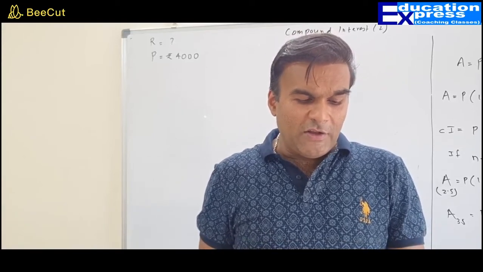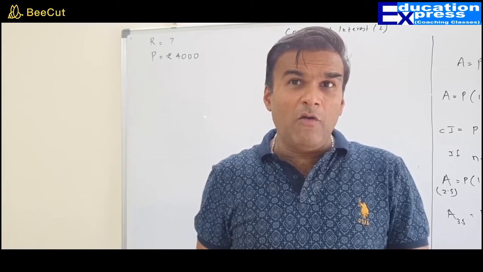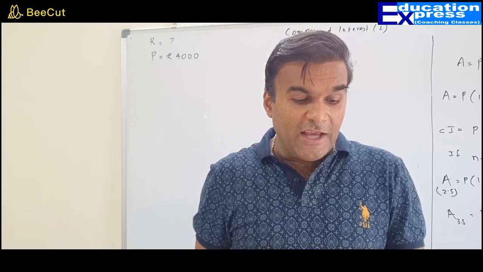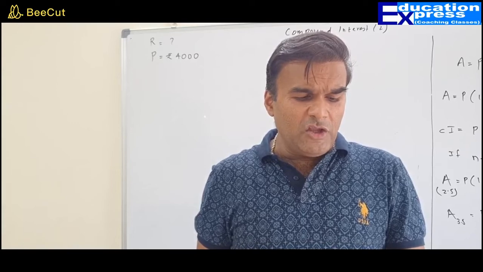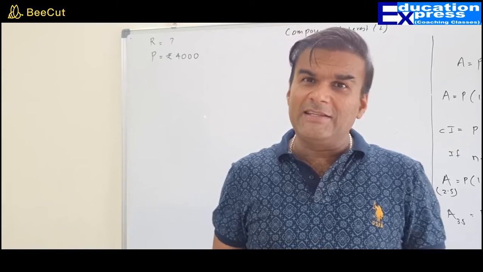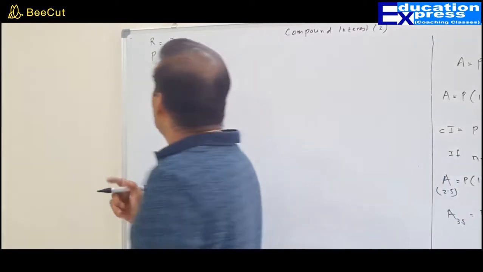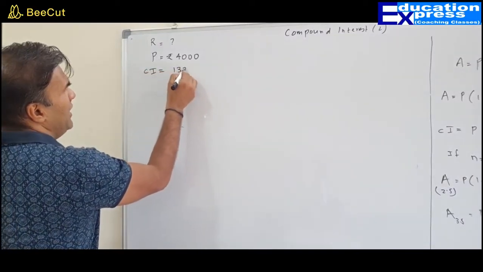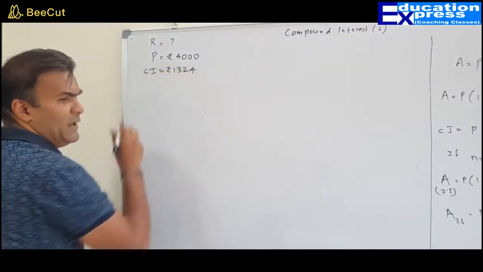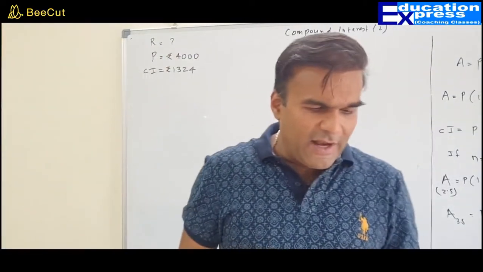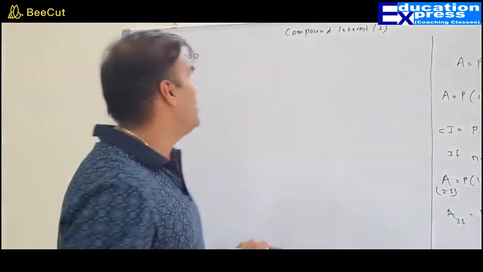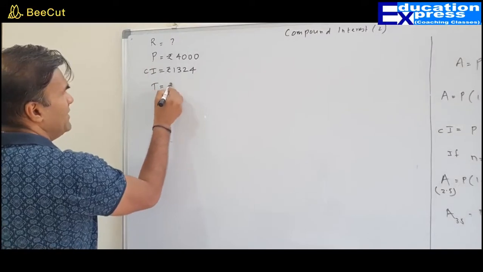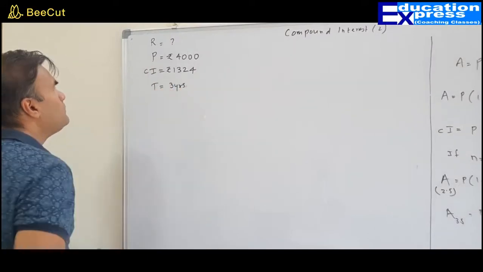So at what rate % does a sum of rupees 4000 give rupees 1324 as compound interest in 3 years? So they have given us compound interest 1324. I hope I have copied it correct. Time horizon 3 years.